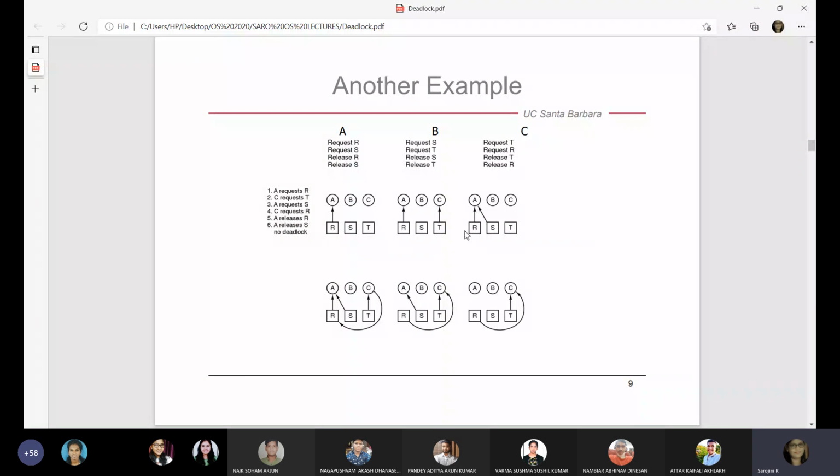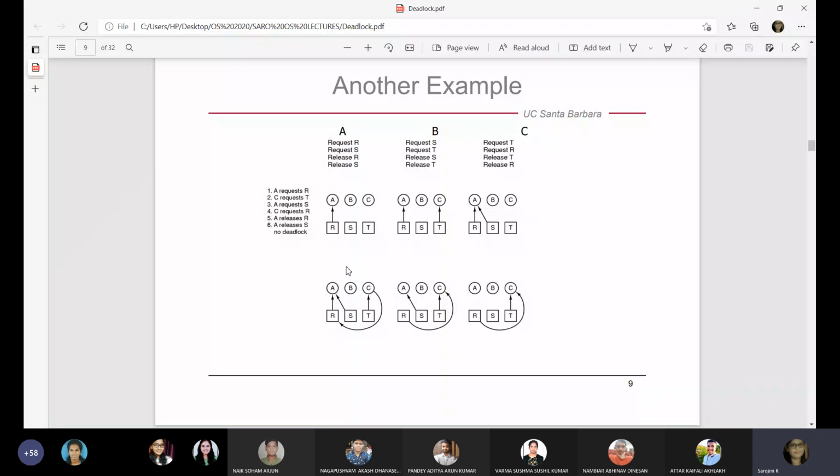In the fifth step, A releases R. A is releasing R. Who is waiting to get R? C. So it got it. After A released R, see the direction.